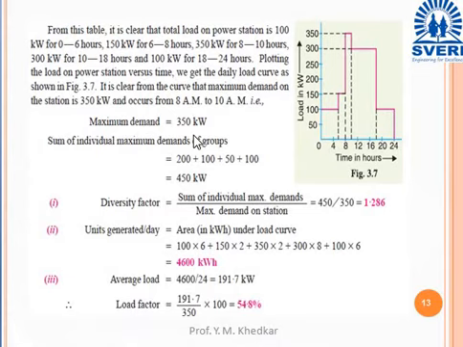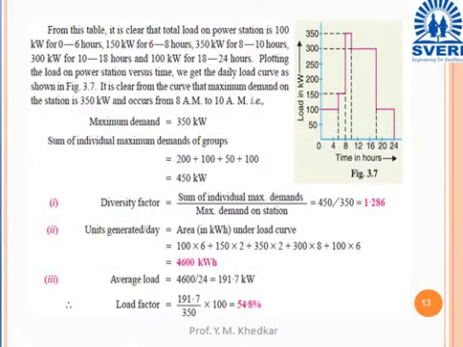Maximum demand we can calculate simply by observation, and that maximum demand is 350 kilowatt. Sum of the individual maximum demand will be 200 plus 100 plus 50 plus 100. So the sum of individual maximum demand of the groups we will calculate by referring to the previous table.